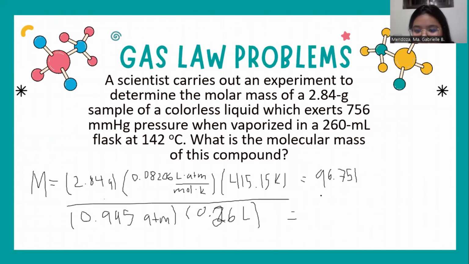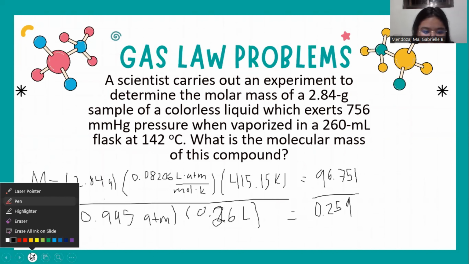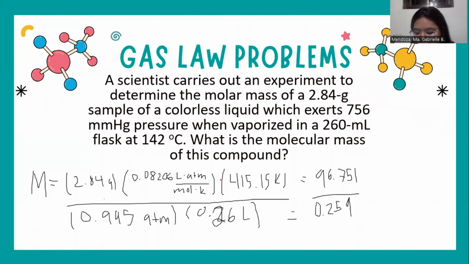Ayan. Over 0.995 times 0.26. That would be 0.259. Nag-round off din tayo dito. So, divide lang natin, or i-simplify natin. So, 96.751 divided by 0.259.